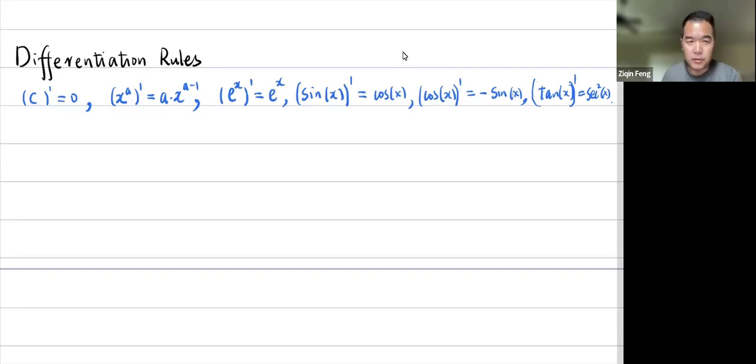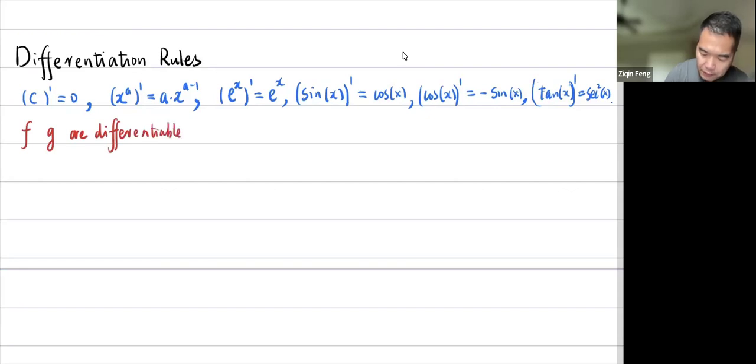Now we also have other rules, right? You can generate new functions by taking a sum, difference, multiplying by a number, or taking a product, quotient, or compositions. So those are the other rules we have. Suppose we have two functions f and g that are differentiable functions, which means f prime and g prime exist, right?